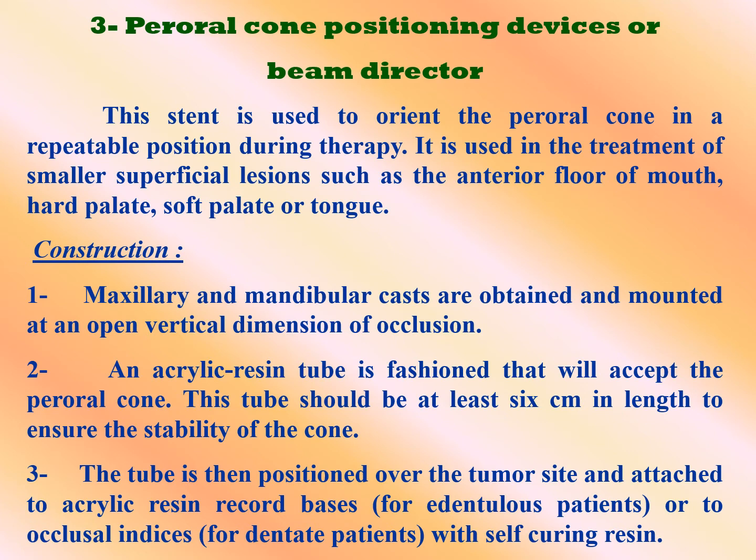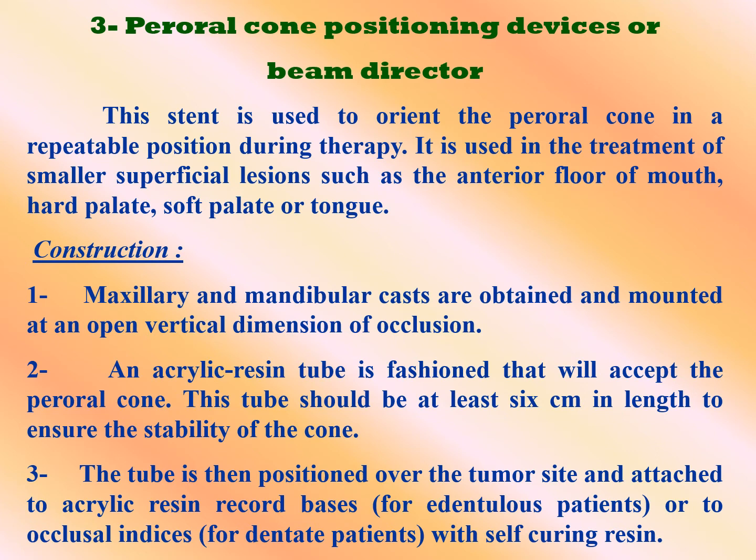First, maxillary and mandibular casts are obtained and mounted at an open vertical dimension of occlusion. An acrylic resin tube is fashioned that will accept the perioral cone. This tube should be at least 6 cm in length and ensure stability of the cone.